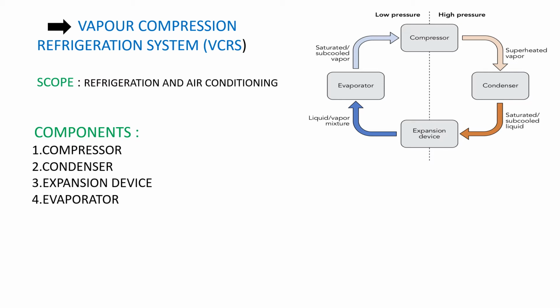In the expansion device, the process that takes place is the throttling process. In thermodynamics, we also call it a constant enthalpy process. In this, the enthalpy remains constant, and after expansion, or what we can say after throttling, the saturated liquid refrigerant turns into a liquid-vapor mixture, and the pressure of this refrigerant is dropped.